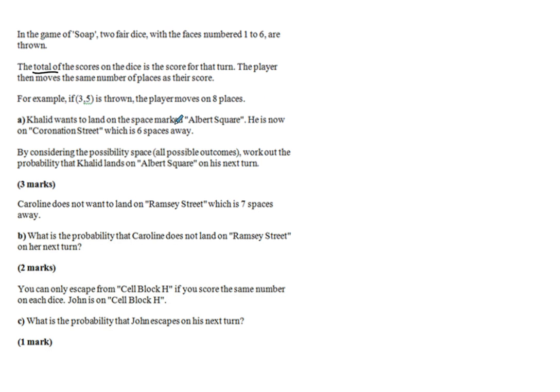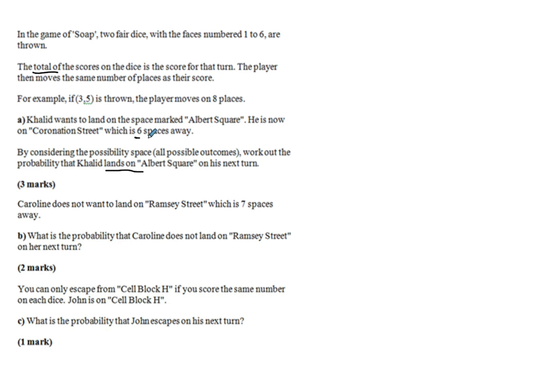Khalid wants to land on the space marked Albert Square. He's now on Coronation Street, which is 6 spaces away. By considering the possibility space or possible outcomes, work out the probability that Khalid lands on Albert Square.